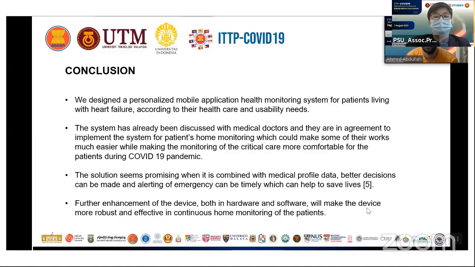Then, a future enhancement of the device, both in hardware and software, will make the device more robust and effective and continue home monitoring of the patients.